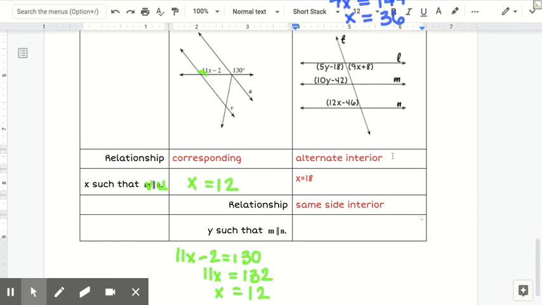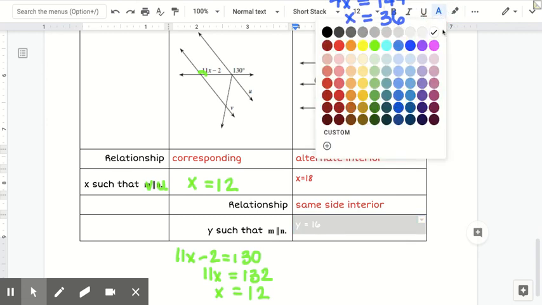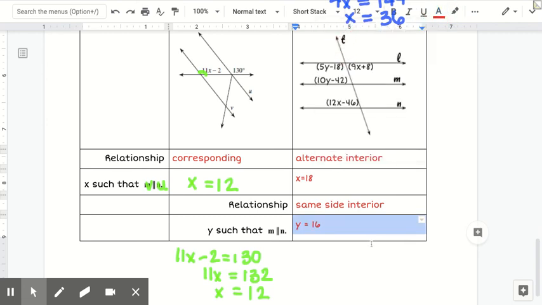And so the relationship between same side interior angles is that they are supplementary. So to solve for y, I would have to add these two angles together and set it equal to 180, and then solve for y. So you're going to pause now and do that. And you should get y equals 16.